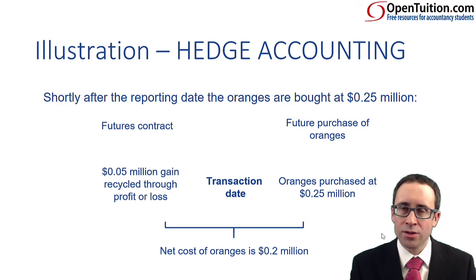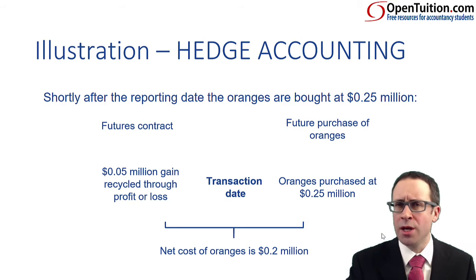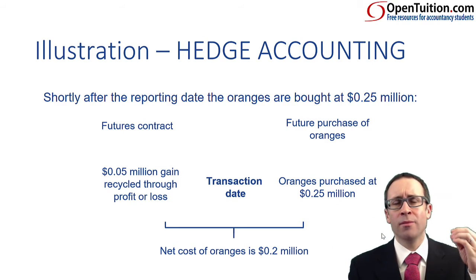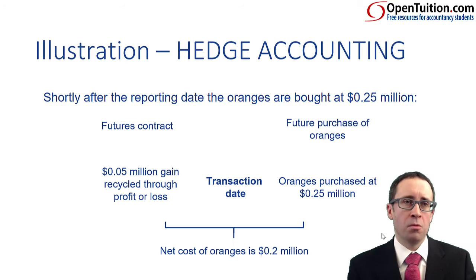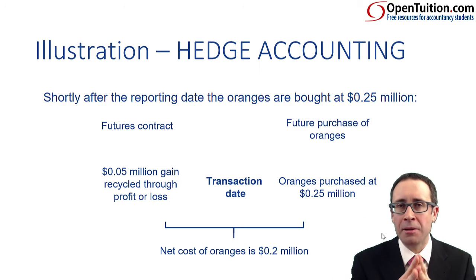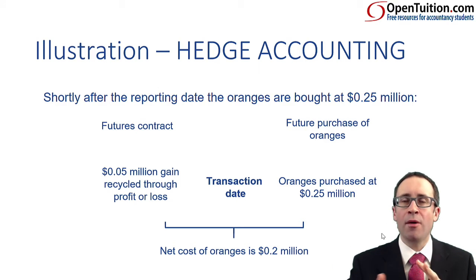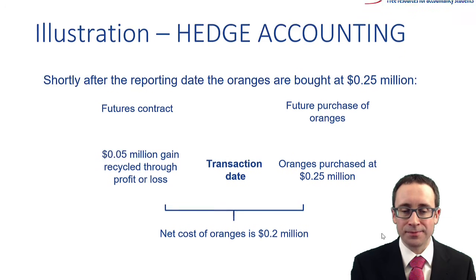A loss on the contract will be offset by a gain on the oranges. If we bought the oranges cheaper, we have placed a bet on the price going up. We've lost our bet. So even though we've got a gain on the oranges, we still have the loss on the bet, and they would net off. Keeping it as simple as it could possibly be. It just gives you an idea of how it works and how it all pieces together.